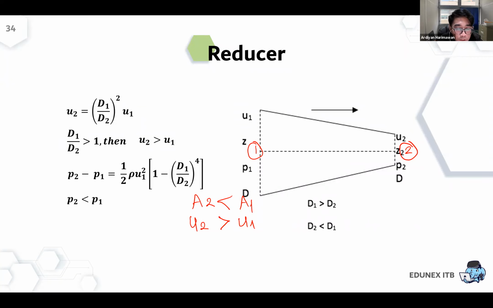So for the reducer, U2 will be higher because the area is smaller. How about the pressure? If the velocity is increasing, then the pressure will be higher or lower at the outlet? Hello?